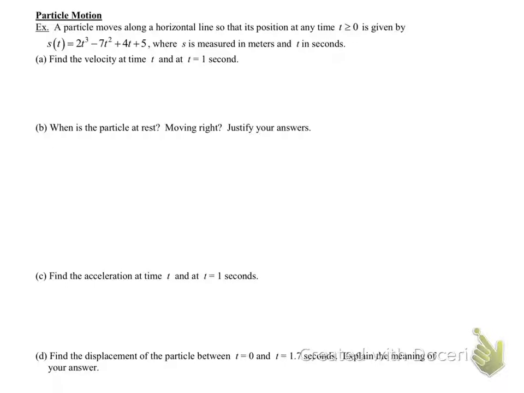So the first thing we're asked to do in this problem is to find the velocity at time t and at t equals 1 second. So you're looking for the velocity at time t and then at a specific value of t. So we go ahead and we find v of t, which is just the derivative of our position.